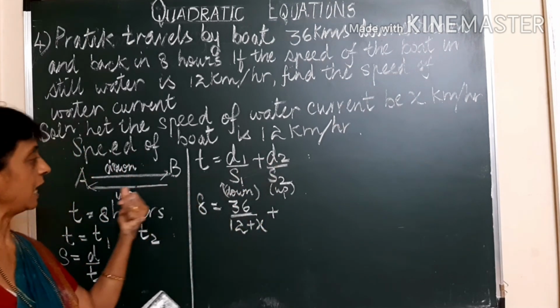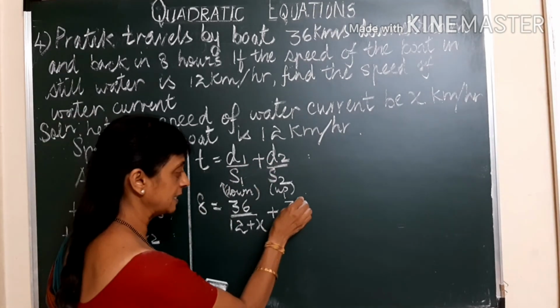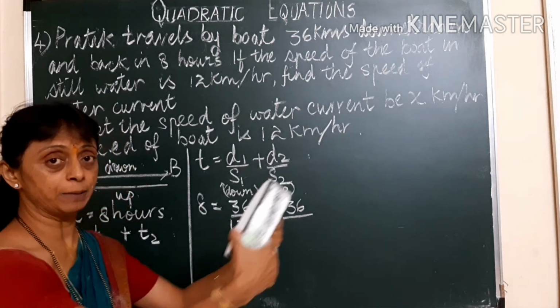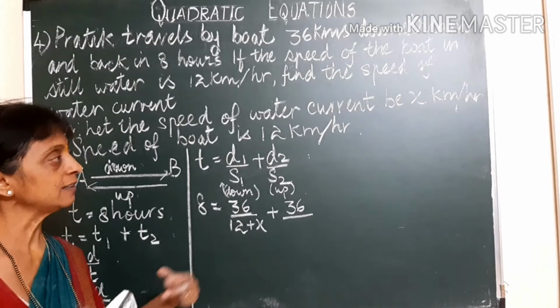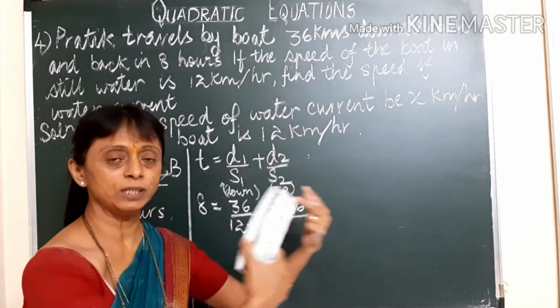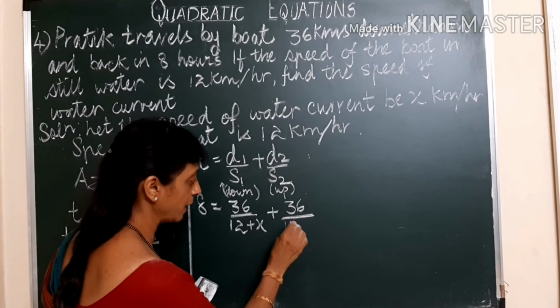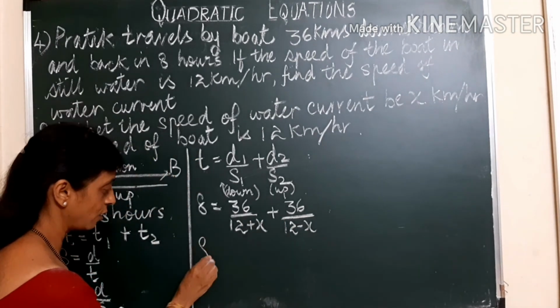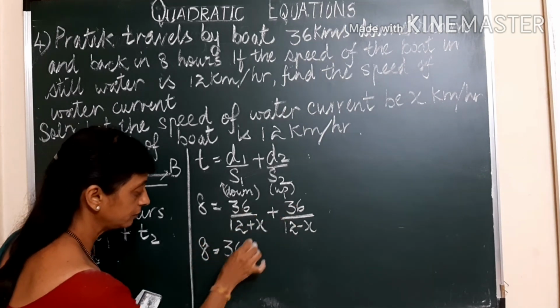Plus, again, going upstream, the distance remains the same, that is 36 upon. Now it is going upstream. That means the speed of the boat is greater than the speed of the water. Only then he can travel upstream. So that will be 12 minus x. Let's start solving step by step. 36 is common.